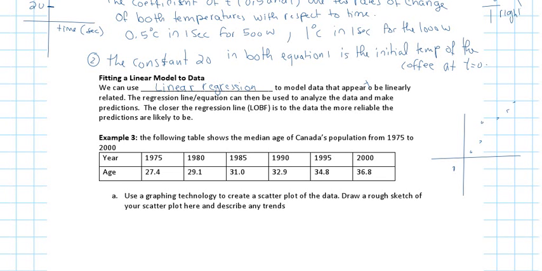So if I get points like this, I can use Excel. We're going to try to use Excel. And then I can ask Excel to create a line of best fit. That's what LOBF means, right? It's a line of best fit. So the Excel sheet will create for me a line of best fit and will give me an equation of that line of best fit.